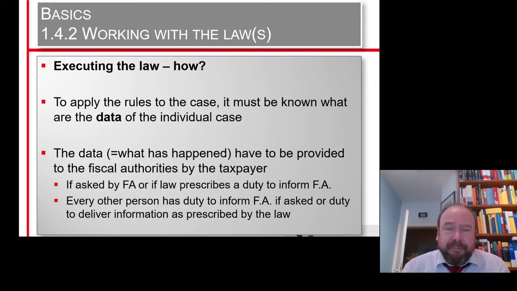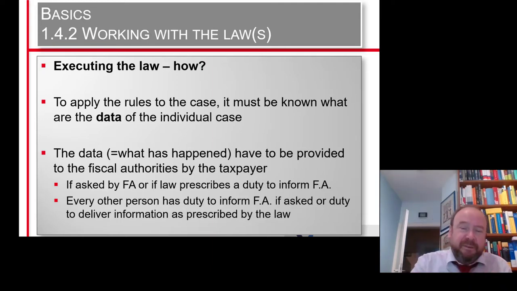Now, the most interesting thing, naturally, which we have to deal with, or what we have to know to apply the law, is what has happened in the outside world. So we must get the data, what happened. For example, such rules like if you have an income of 1,000 euro, then you owe us 500 euro.